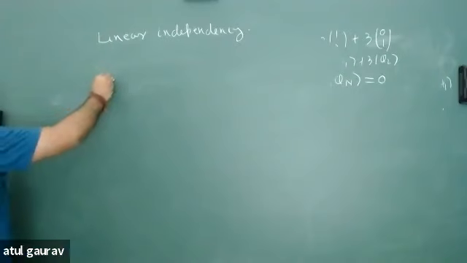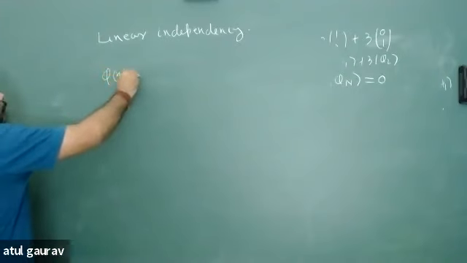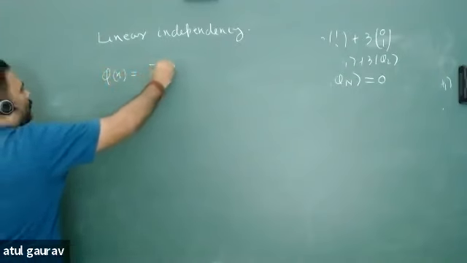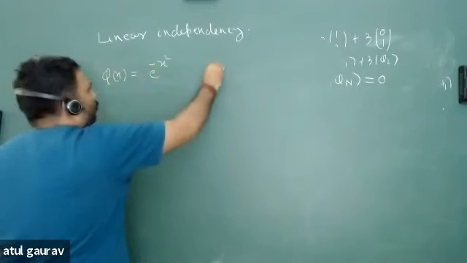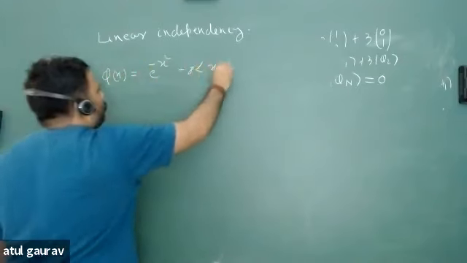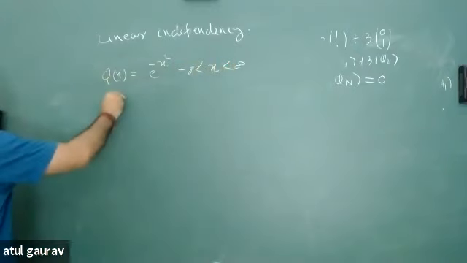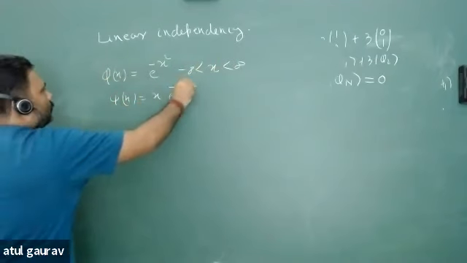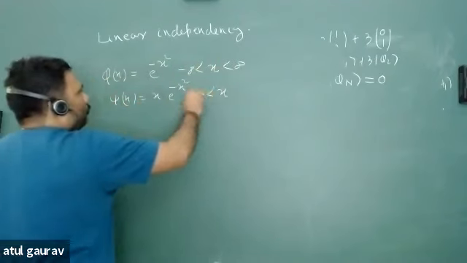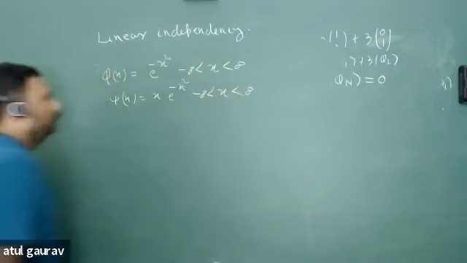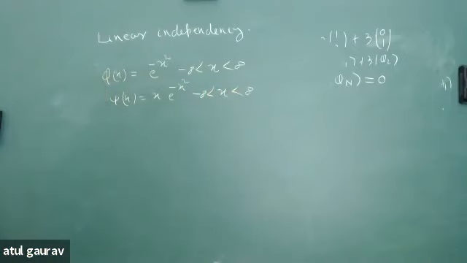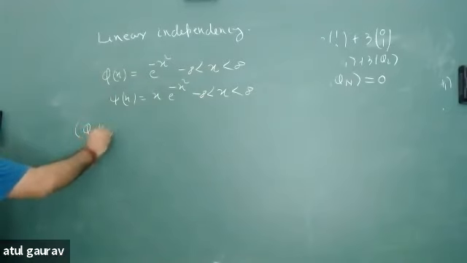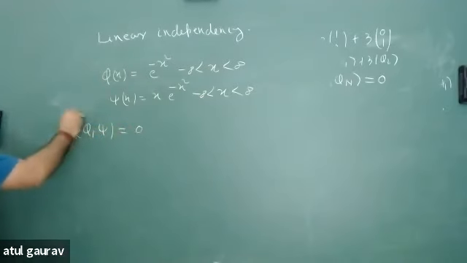Let us assume phi of x is equal to e to the power minus x square, with x between minus infinity and plus infinity, and psi of x is equal to x e to the power minus x square, again from minus infinity to plus infinity. We can check whether they are orthogonal or not. What is orthogonality? The inner product of phi and psi must be 0. So this is the orthogonal condition.